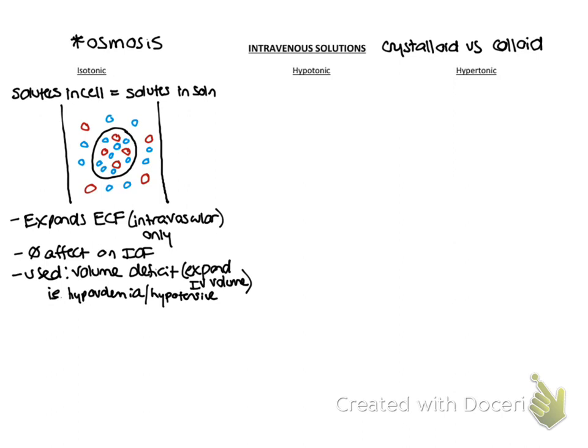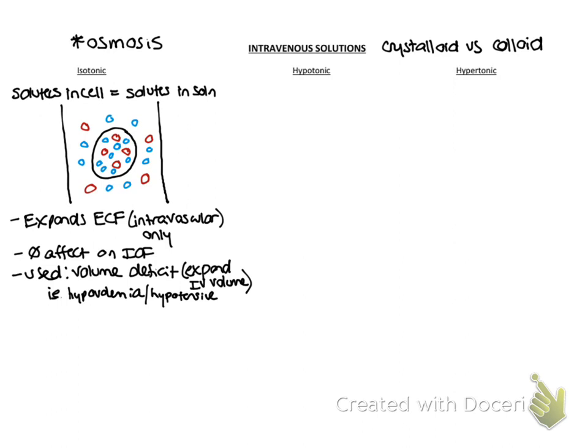If I have a burn, with burns you lose a massive amount of fluids. We're going to talk about that in test 2. But if I'm losing fluids, I need an isotonic solution because I need to expand the intravascular or extracellular fluid, it's the same thing.